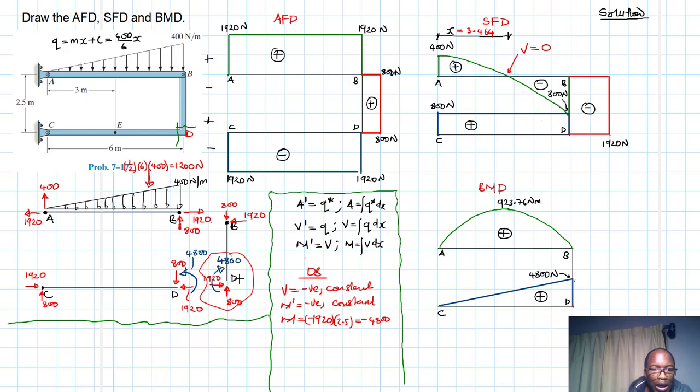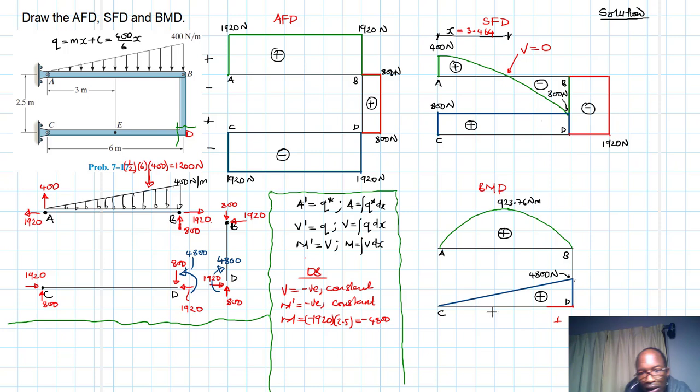Therefore, we are getting a counterclockwise, which is positive. All right. So we'll have an initial value in the positive. Since this side is positive, this side is negative. So we are going to go in like this. Let's say this is our value of 4,800 up to somewhere there.